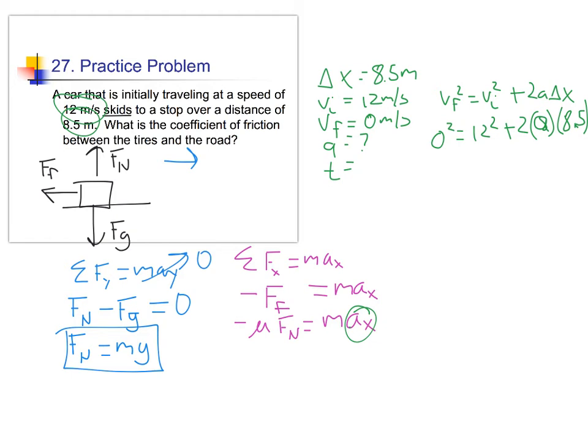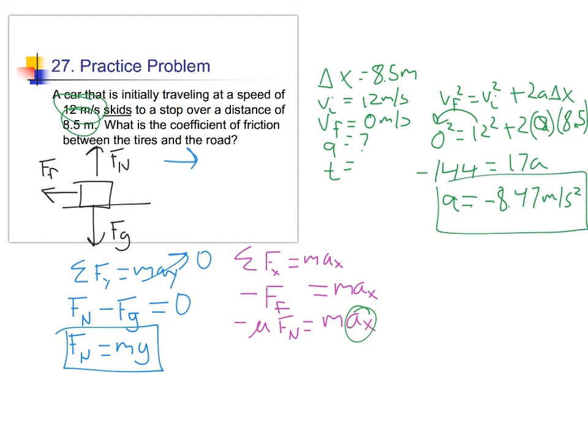What we really end up getting there is negative 144, bringing that 12 squared over here, is equal to, and I'm going to multiply the 2 and the 8.5, so 17a. And I end up getting that my acceleration is negative 8.47 meters per second squared.